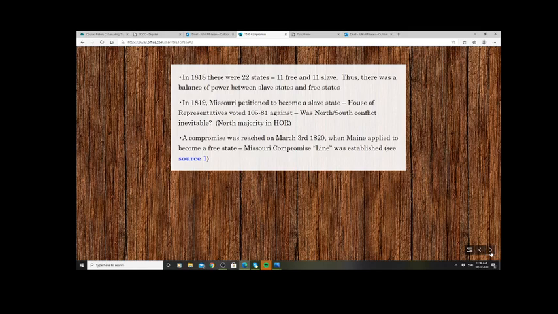Now, if Missouri wants to become a state, and a slave state at that, how would the American Congress respond? Well, the House of Representatives in 1819 votes against Missouri becoming a state, and it's pretty obvious why, because there are more northern House of Representatives members than southern, and that's because of the nature of the American political system.